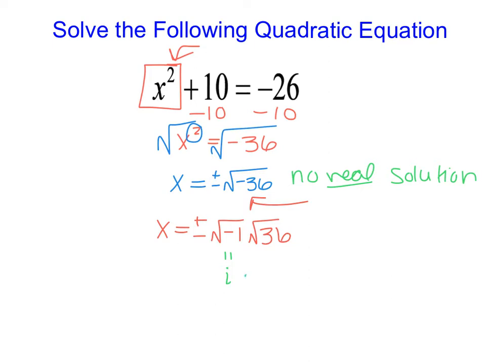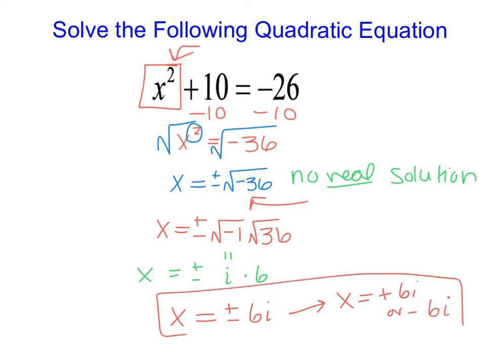And then here, the square root of 36 is 6. So really what we find here is our answer to this equation is x equals plus or minus 6i. So what that's really telling us is that x can equal a positive 6i or a negative 6i. X can equal either of those.